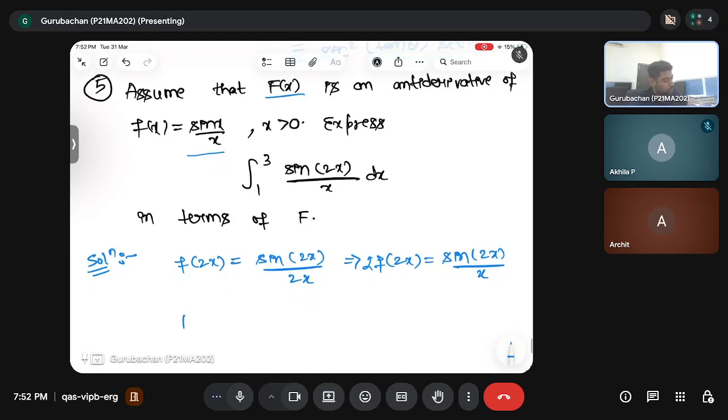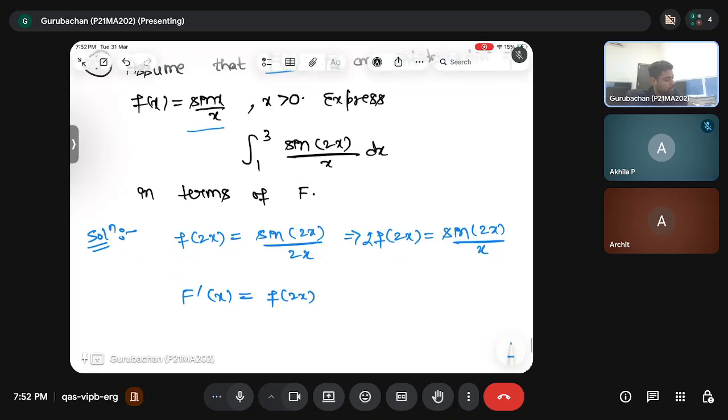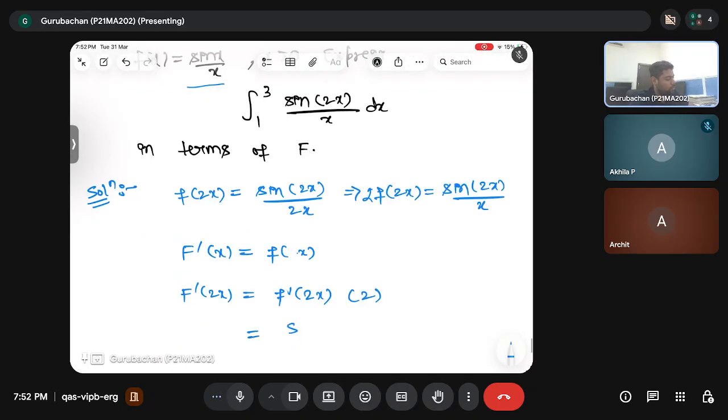We know that F dash of x is f of x. Then F dash of 2x will be, by chain rule, F dash of x into 2. And what is its value?